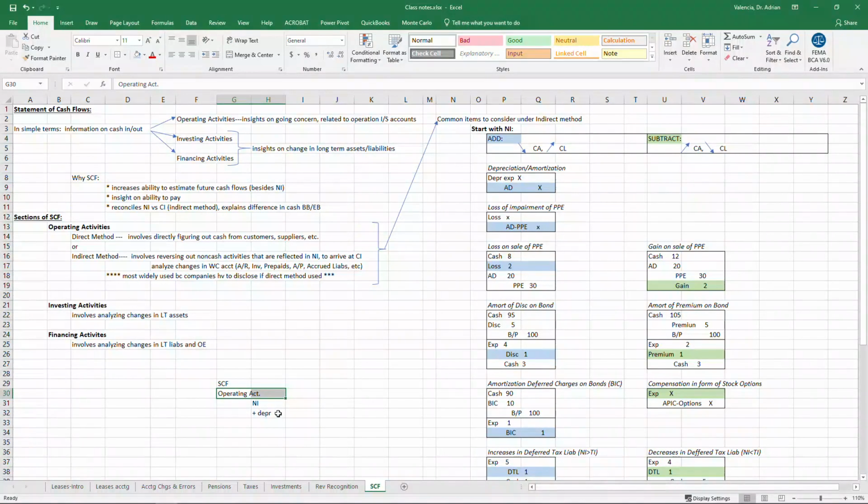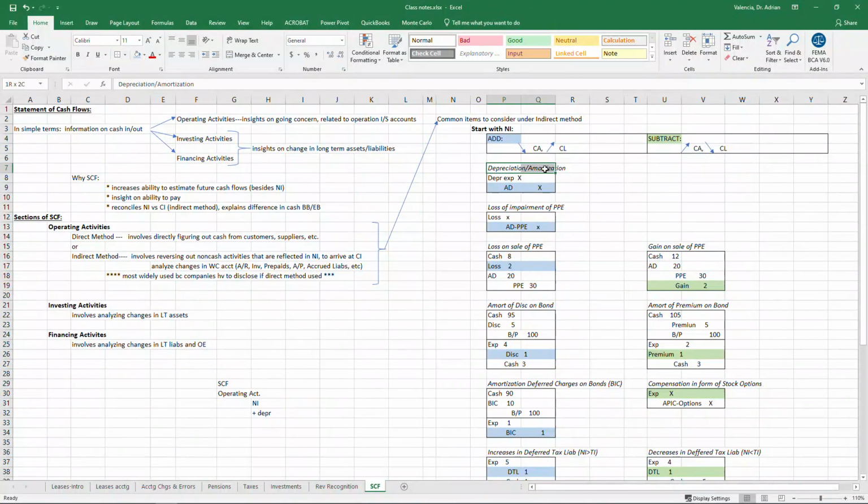And in the operating activities, you'll have a whole bunch of items that we're going to add and subtract to arrive at the cash flows from operating activities and the net of that. So hopefully, obviously, we want this to be positive, right? We want to generate cash flows from operating activities. All right, so that one's fairly easy to understand.